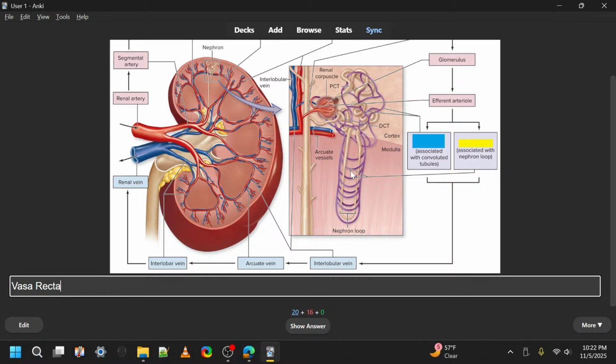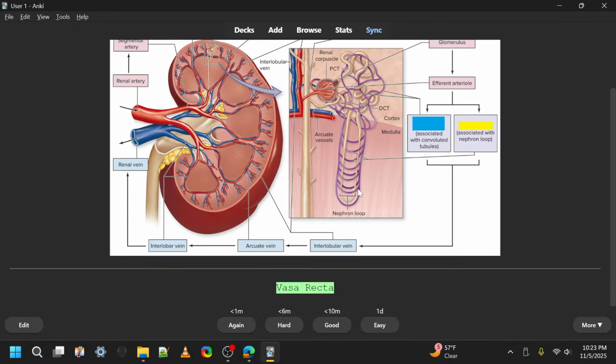So if the loop of Henle is going, I believe this is the thin descending loop, and this is the thick ascending loop. So it's going from the thin descending loop to the thick ascending loop. If it's traveling in this direction, then the vasa recta blood is traveling in the opposite direction, because it has to carry solutes and water to the opposite side. We just learned that today.